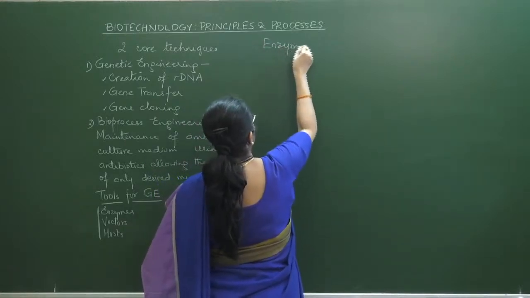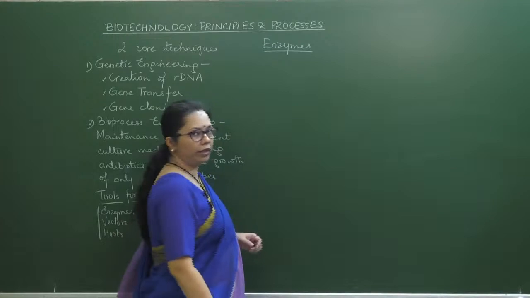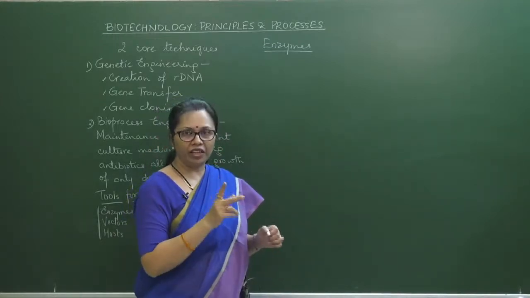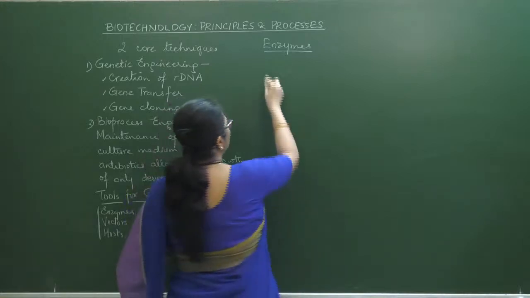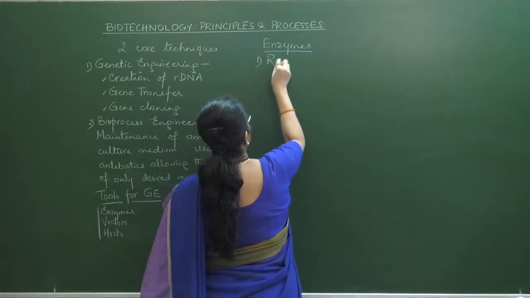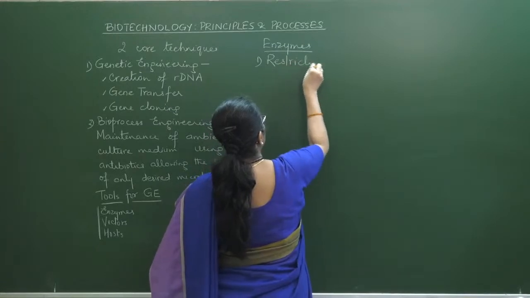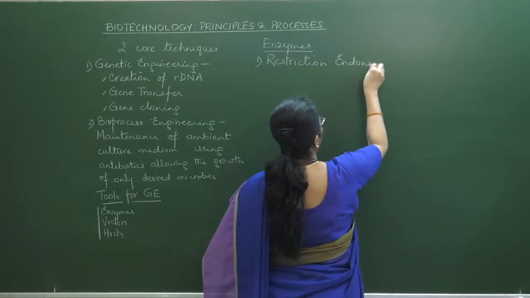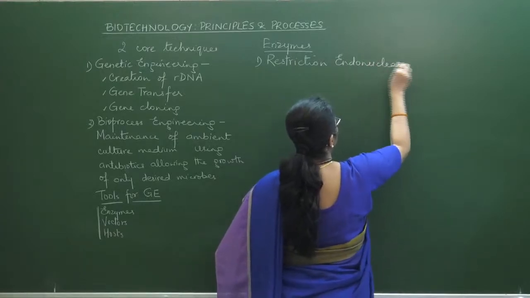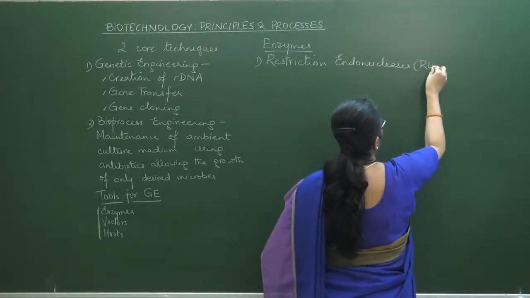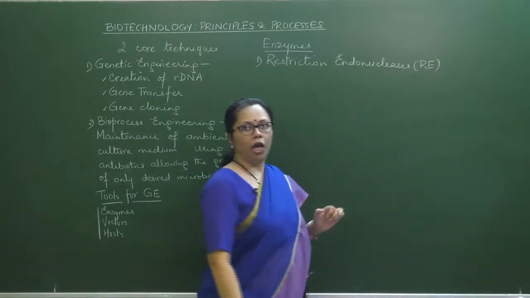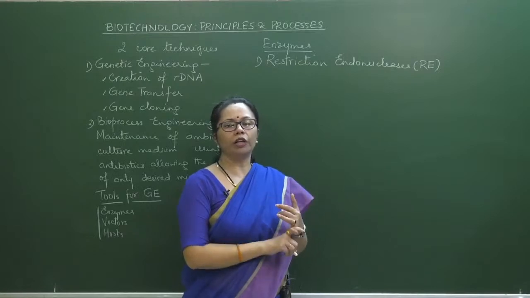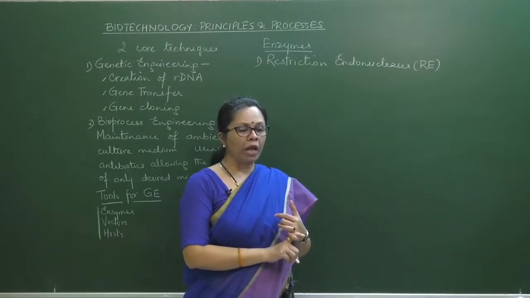Now the first and foremost, the most important enzyme required in genetic engineering is where you can cut the DNA at specific sites. So that one is the restriction endonucleases, or simply in short we can write them as RE. Now these restriction endonucleases, first thing, they are found only in prokaryotes, that is in bacteria.